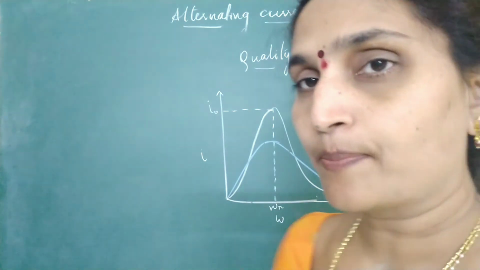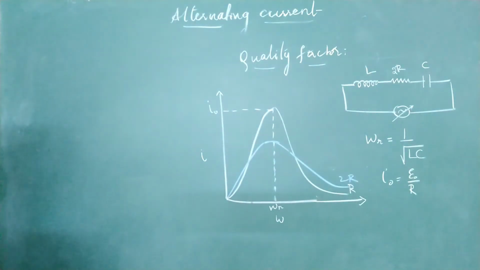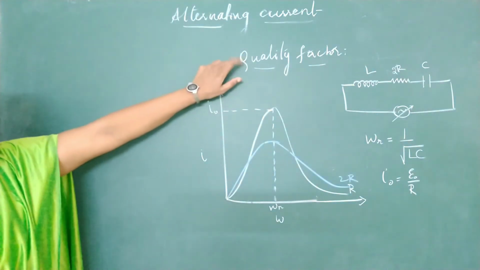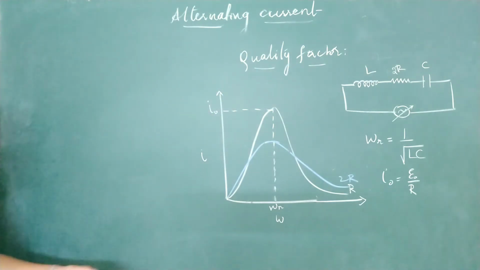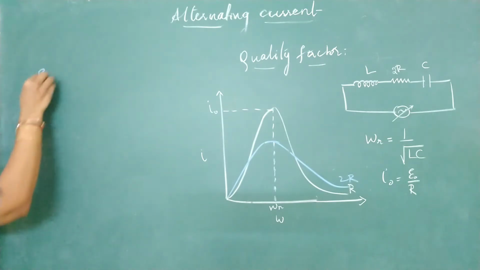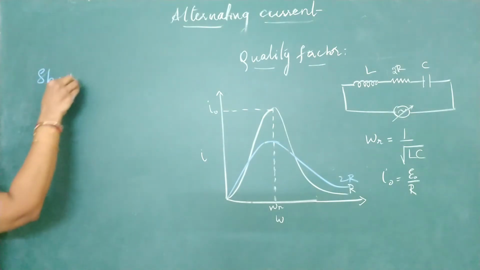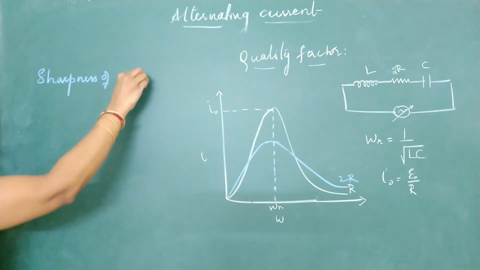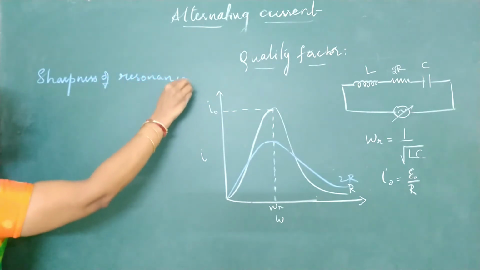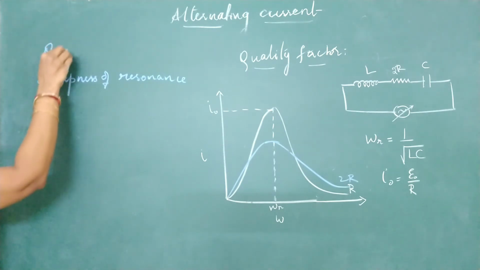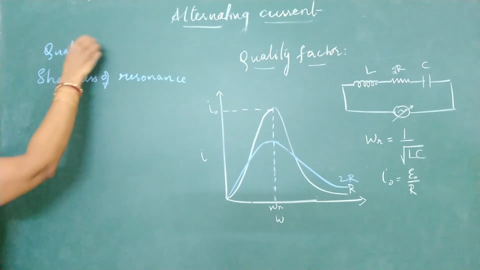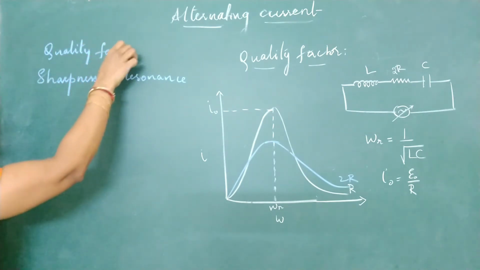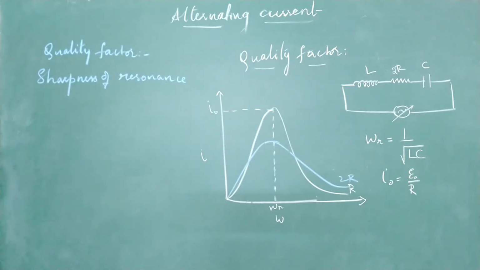So this sharpness of resonance is measured using a term called quality factor. What is the advantage of studying the quality factor? It tells you about the sharpness of resonance. It is a measure of the sharpness of resonance.